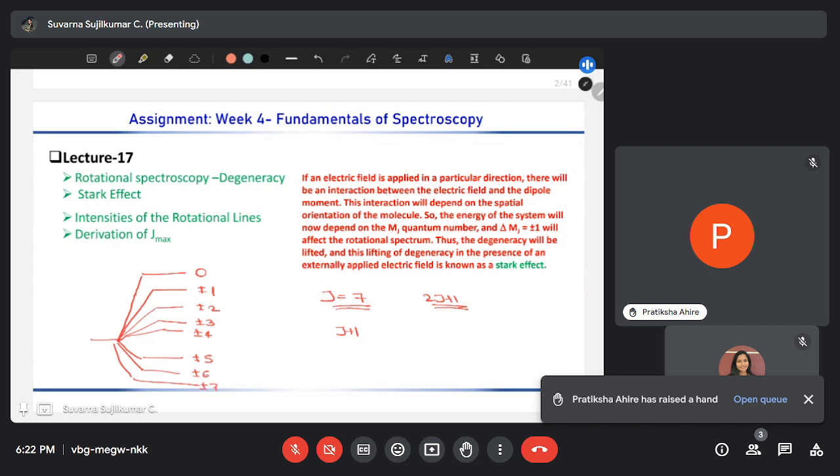Correct. So the degeneracy lifting has happened in the presence of an external electric field.